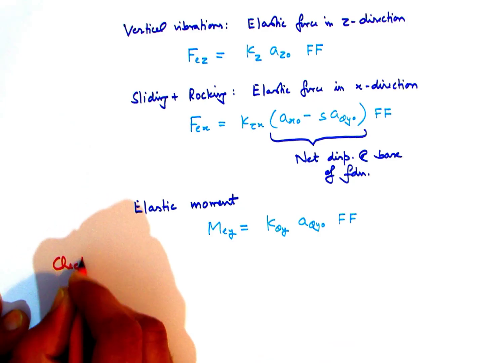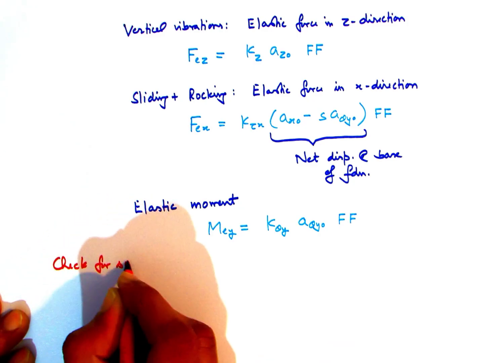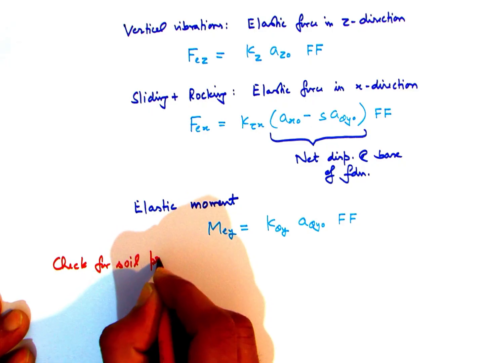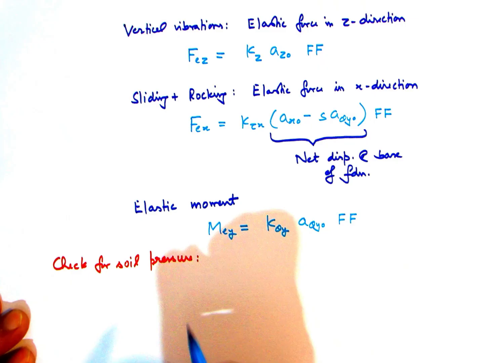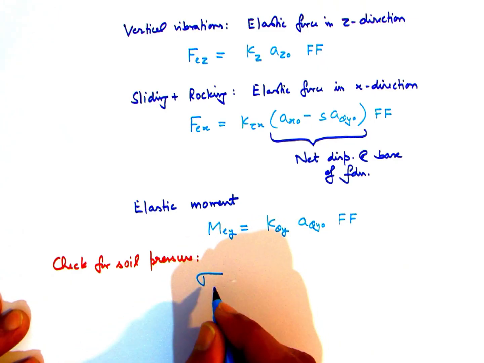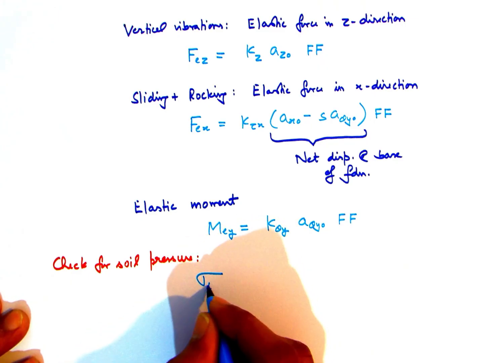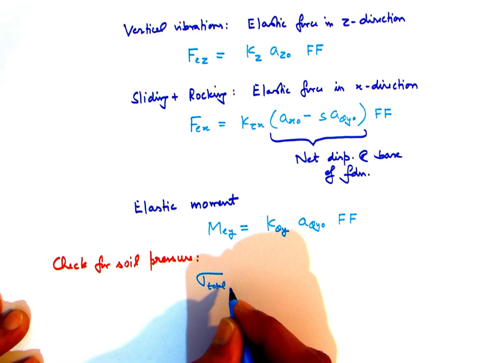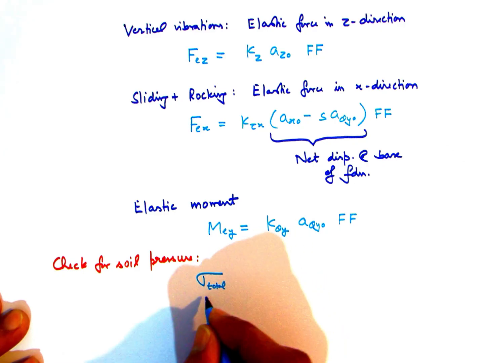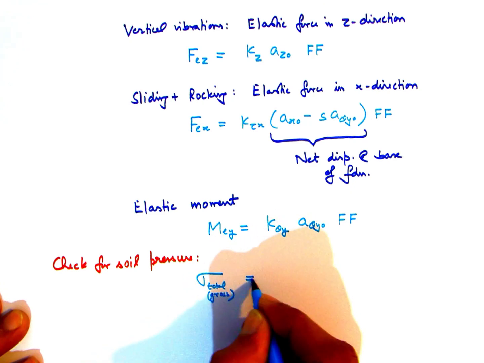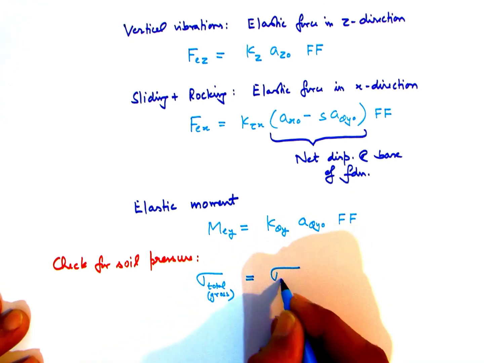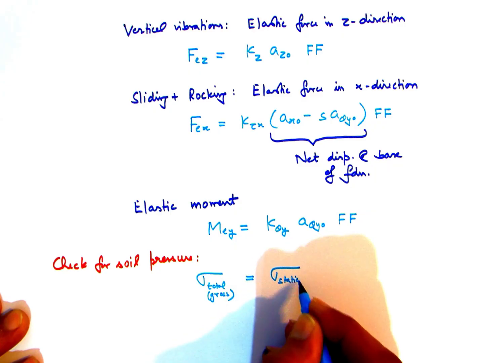Once we have the values of Fez and MEY, we can check for soil pressure. Now, because the soil pressure is in the vertical direction, Fex does not come into picture. So we have to find the total soil pressure in gross sense, and that should include both the static and the dynamic components.